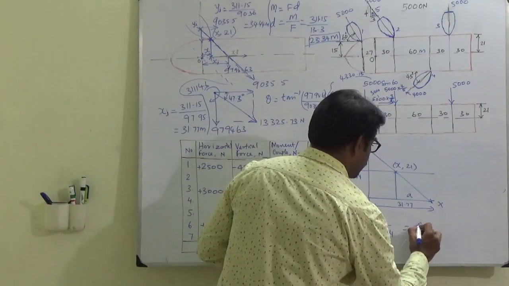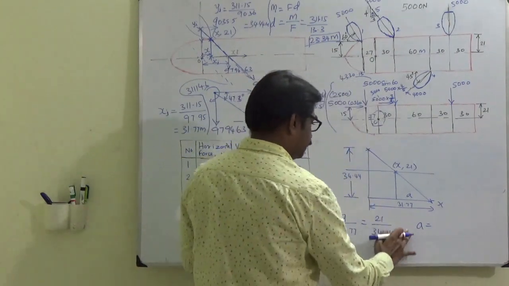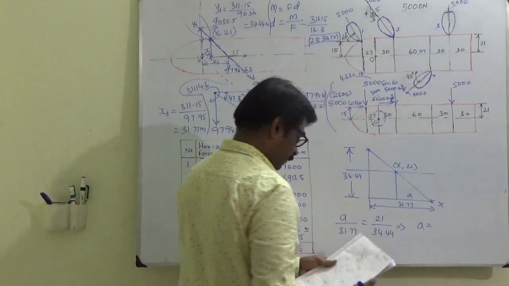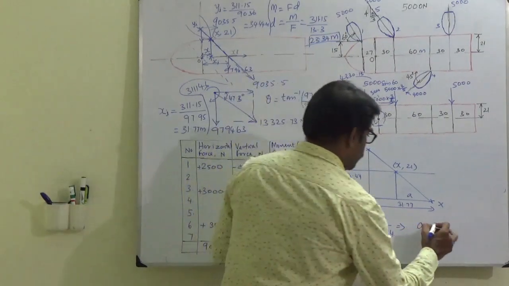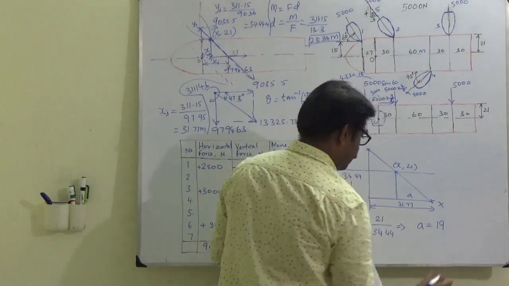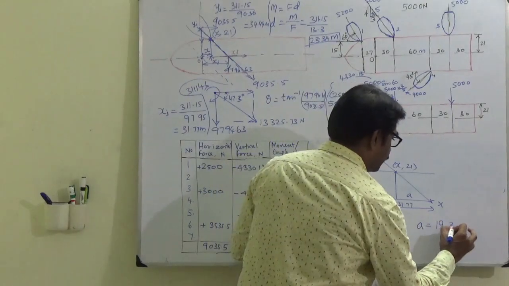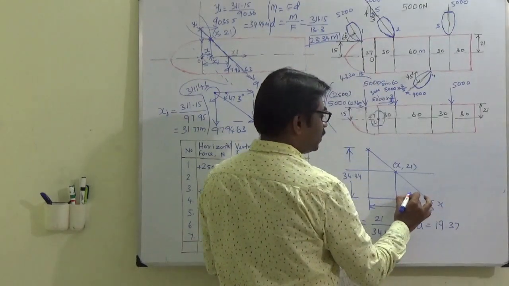Right. So A will be equal to 19.37. So this is 19.37.